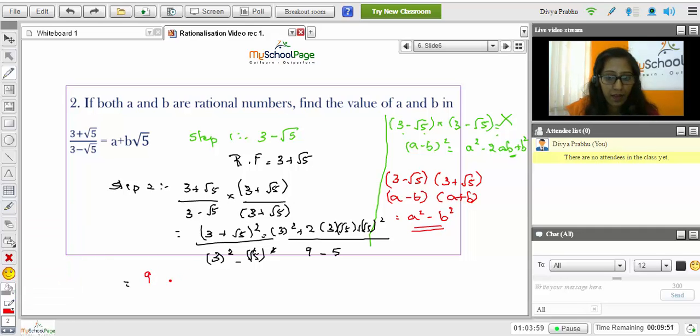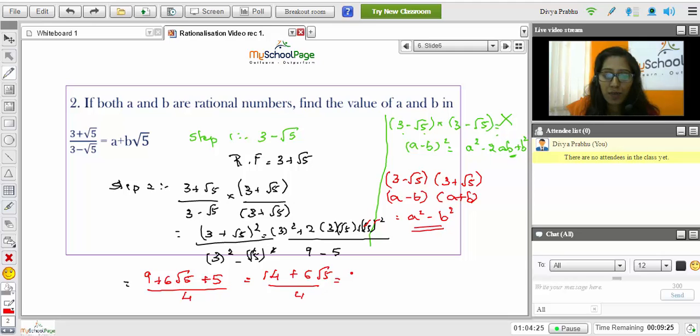9 plus 6 root 5 plus 5, because the square and the square root get cancelled, divided by 9 minus 5 is 4. So how much is 9 plus 5? We'll simplify all the like terms. 9 plus 5 is 14 plus 6 root 5 divided by 4.